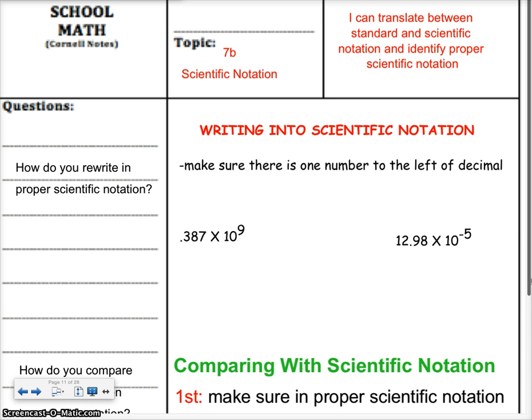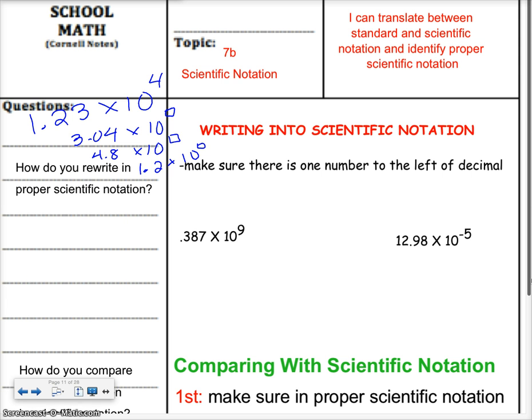If you noticed yesterday, we always had numbers that look like this: 3.04 times 10 to the something, 4.8 times 10 to the something, 1.2 times 10 to the something.